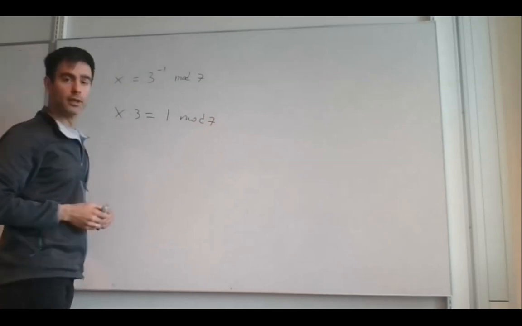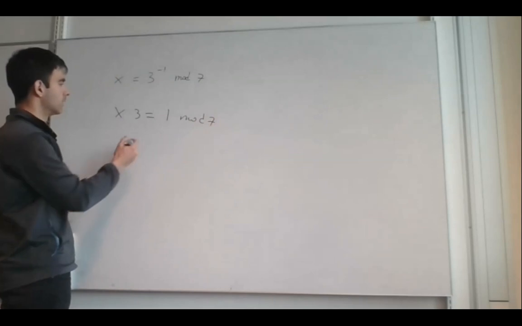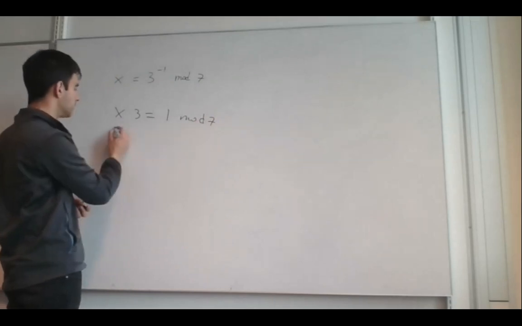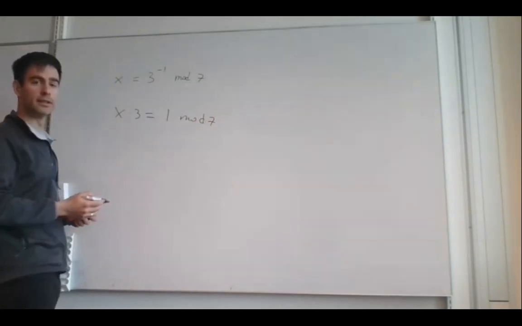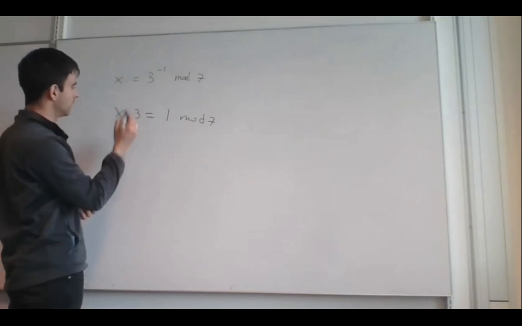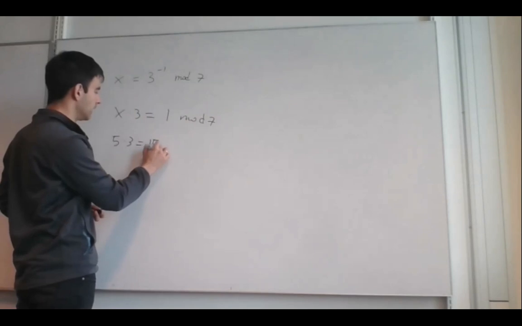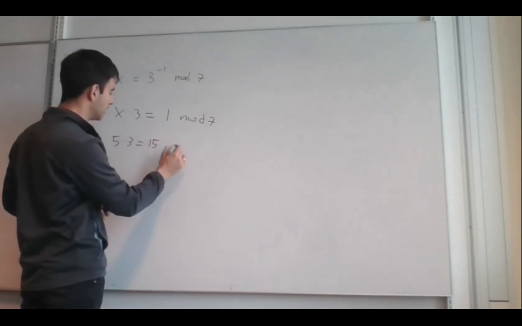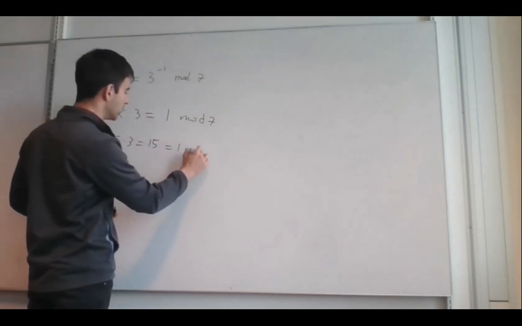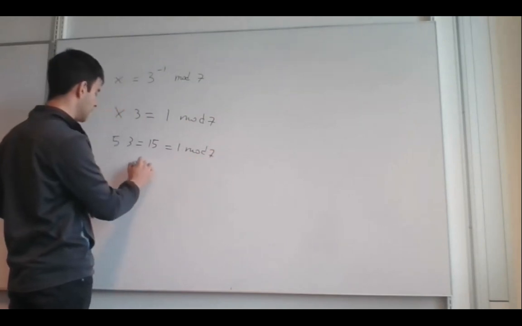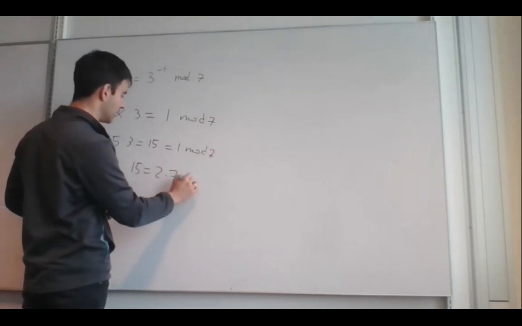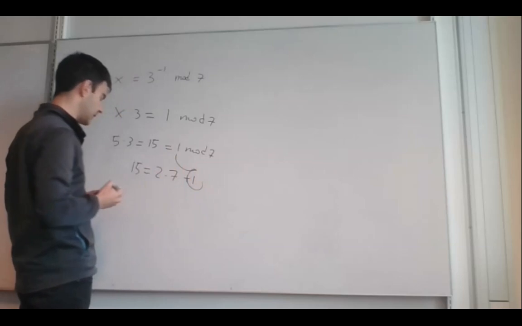So in this case, this is easy to compute. Just by simple intuition, it looks like 5 times 3 is equal to 15, which is in turn equal to 1 modulo 7, because 15 is equal to 2 times 7 plus 1, and this is the value we're interested in.